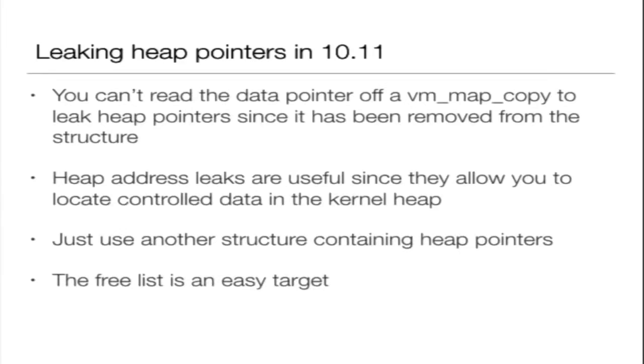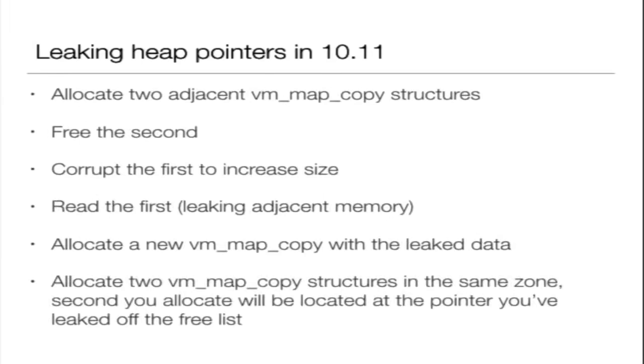And since you can't read the data pointer of another structure like this, you have to find another structure to do a heap info leak. And the free list is an easy target. So you can just allocate two adjacent VMAP copy structures, free the second, and corrupt the first to increase size past heap allocation boundaries.